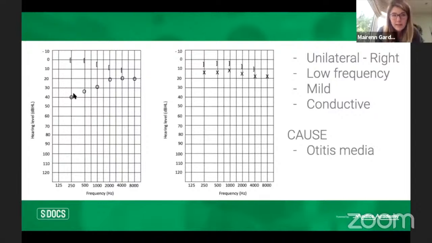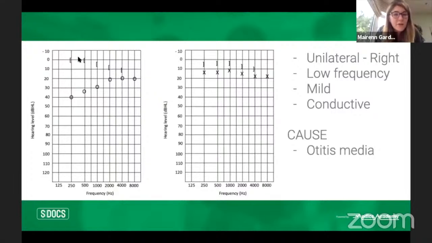In order to understand whether a patient has conductive or sensory neural hearing loss, you need to look at the difference between the air and bone conduction. As I was explaining in part 1 of this video, with conductive hearing loss, bone conduction will be better than air conduction because they've got a problem with their outer or middle ear.